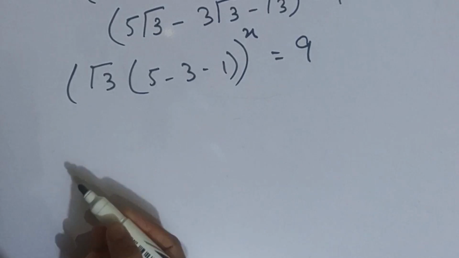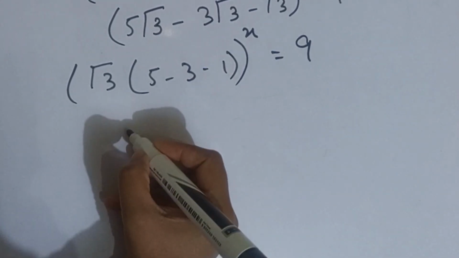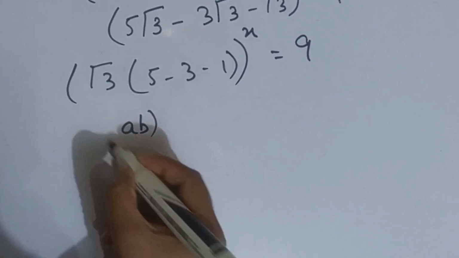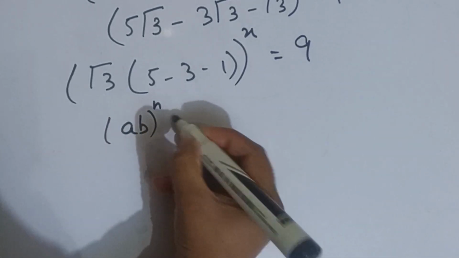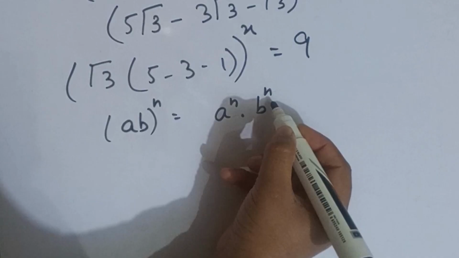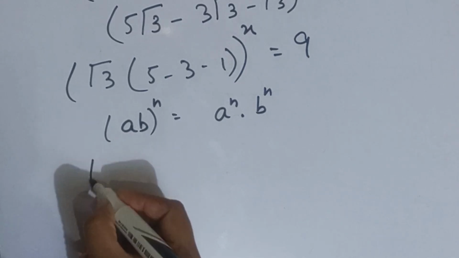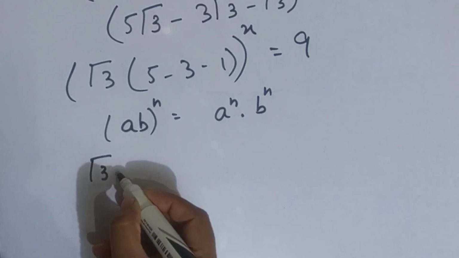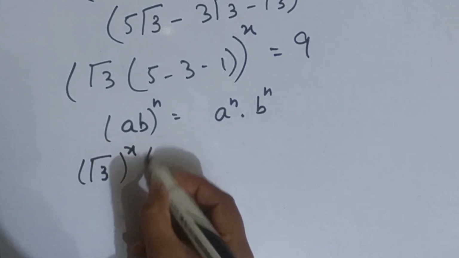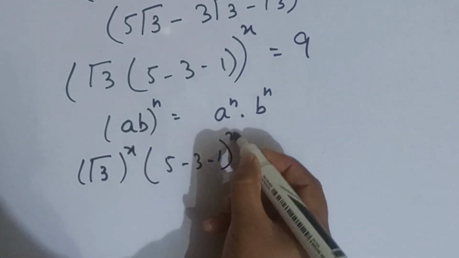Now in the next step we use this property of exponents, (a multiplied by b) whole raised to the power n, we write this as a raised to the power n multiplied by b raised to the power n, and we apply this property on the left hand side. So this will become (√3) raised to the power x, and (5 minus 3 minus 1) whole raised to the power x.